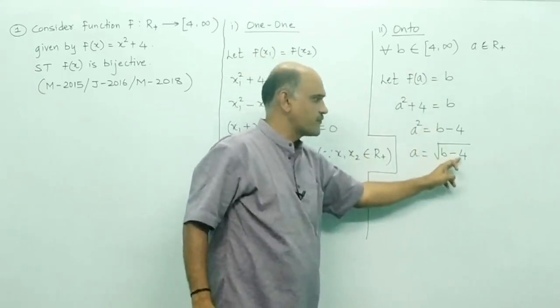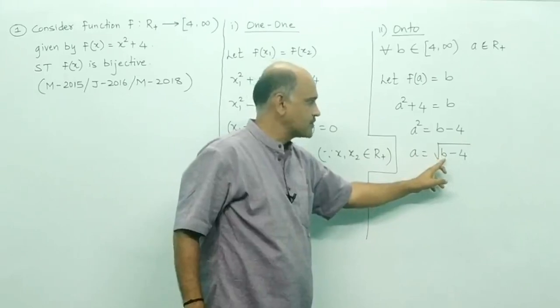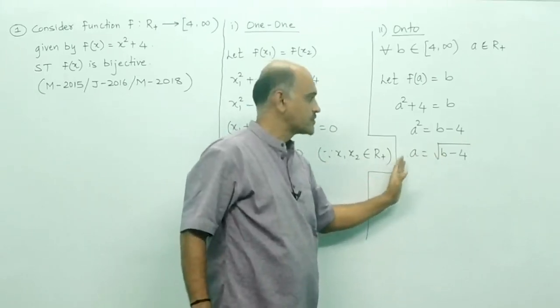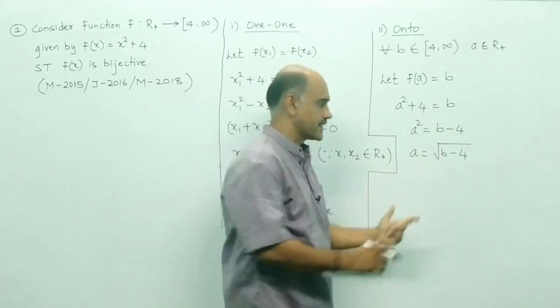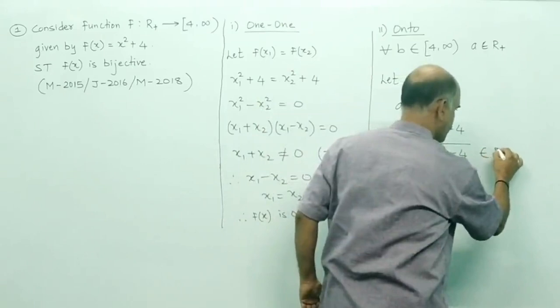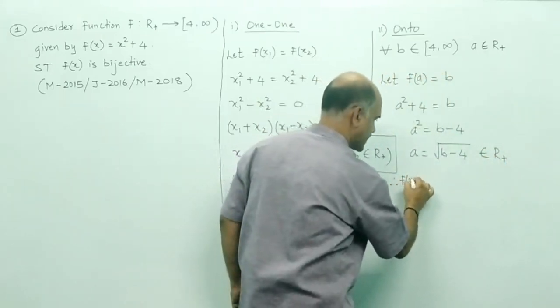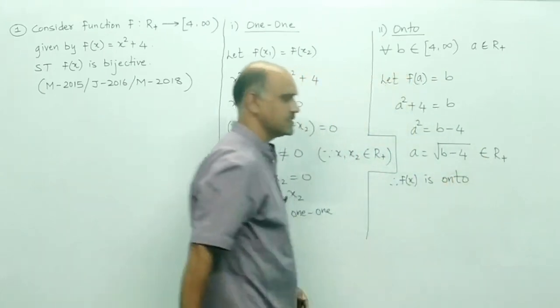If you substitute 5 minus 4, 1, a will be 1. If you substitute b as 6 minus 4, 2, a will be root 2. So you will get all real positive numbers, you will never get negative. So this belongs to R plus. Therefore we say f of x is onto.